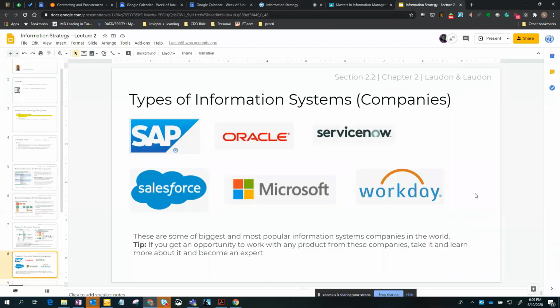Do you know these companies? SAP, Oracle, ServiceNow, Salesforce, Microsoft, Workday. Have you experienced working with any of these information systems, whether as a customer, or in the company you worked in, or something like that?